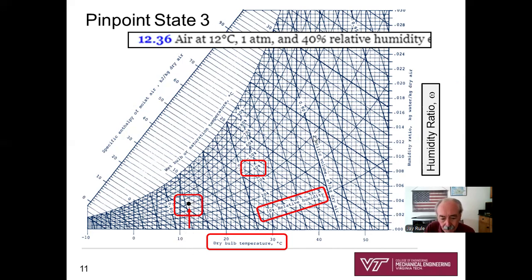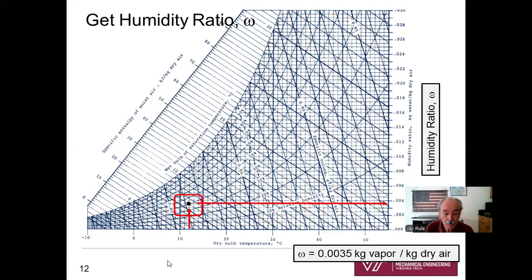Well, we see that we've got relative humidity curves that are swooping upwards, and I've got 10, 20, 30, 40%. And so my state has got to be on this 40% relative humidity curve. So there's my dot, there is my state. We've pinpointed the ingoing state, that's state 3.